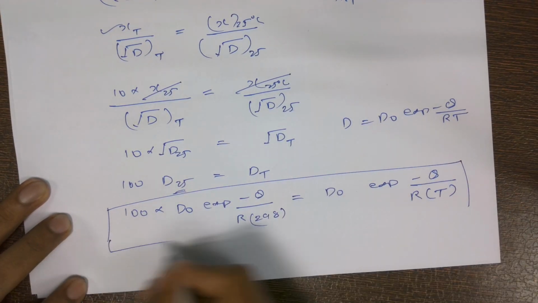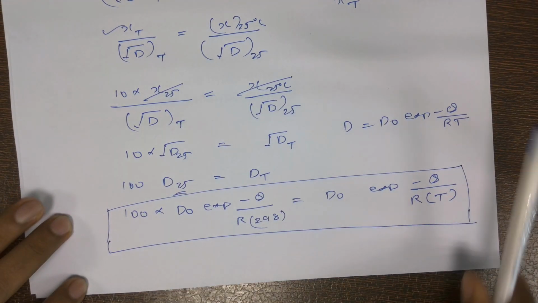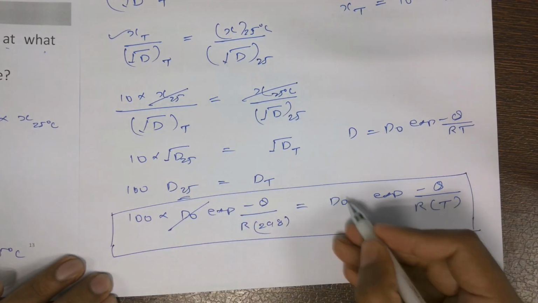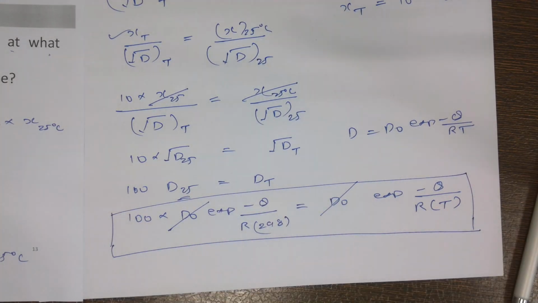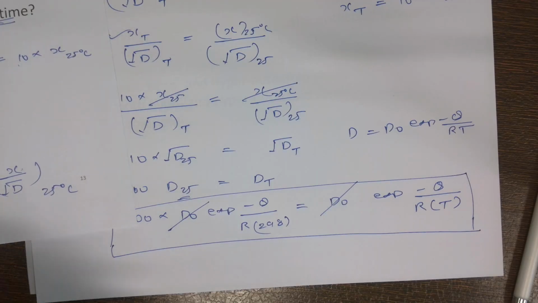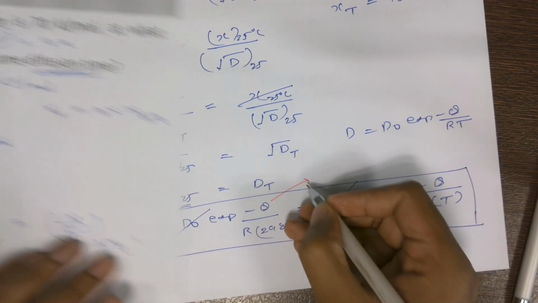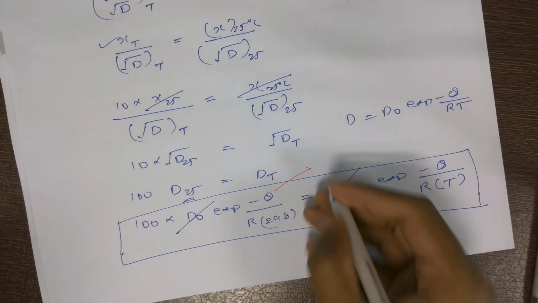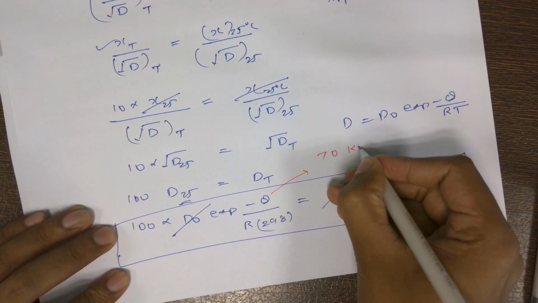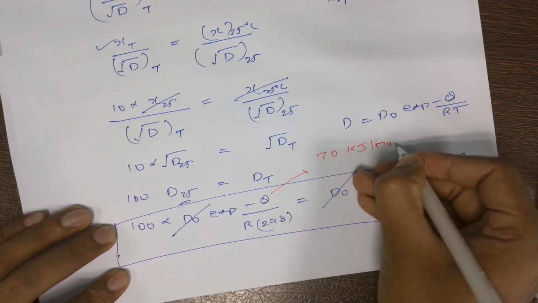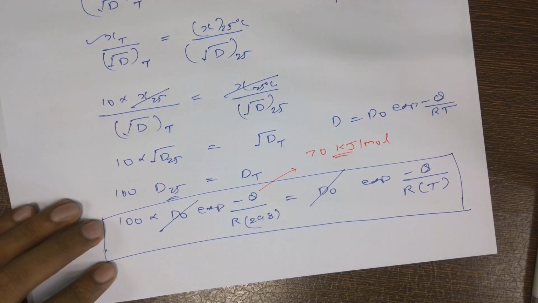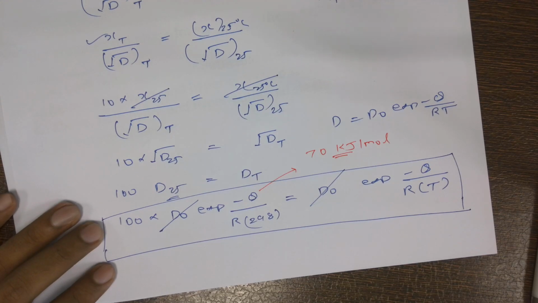I will not completely solve it, it's just a numerical right now. D naught is cancelled. The value of Q is given to us, the activation energy was given as 70 kilojoule per mole, which we can obviously convert to joule per mole by multiplying by 1000. So the answer is 5.